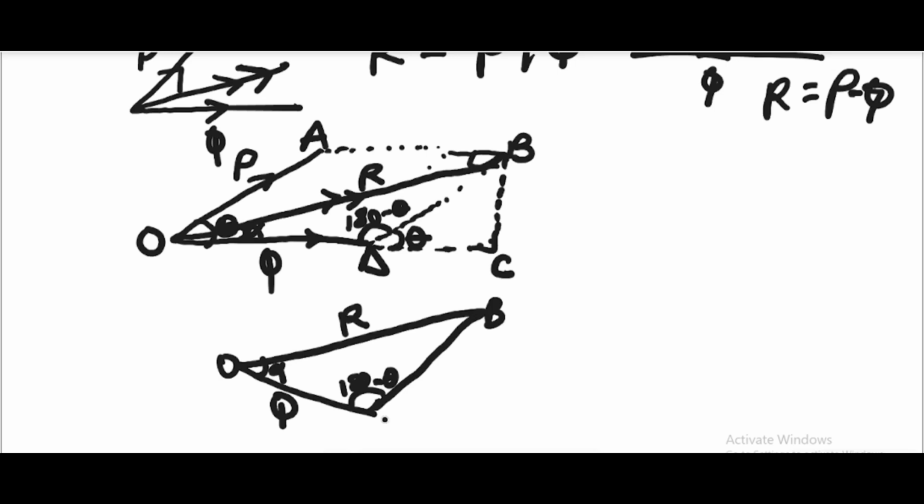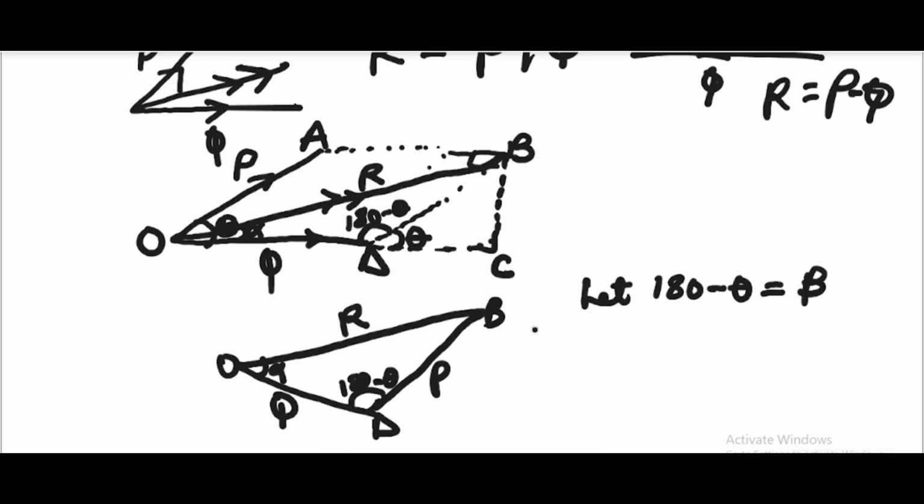Now to find the resultant using this parallelogram law of vectors, before we move on, I don't want to use this 180 minus theta. It's going to look complex. So let 180 minus theta be equal to beta. I want to use just something singular.